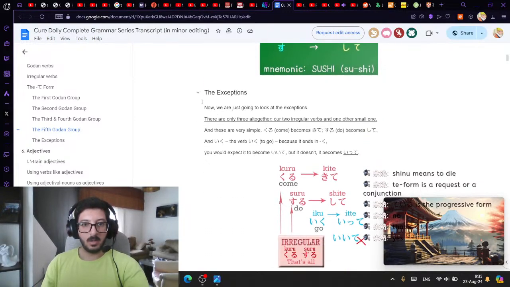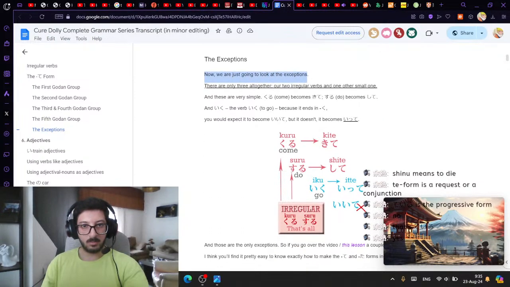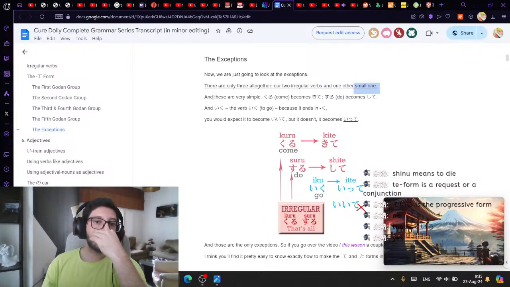Now we are just going to look at the exceptions. There are only 3 altogether: our 2 irregular verbs and 1 other small one. These are very simple. Kuru becomes kite, and suru becomes shite.